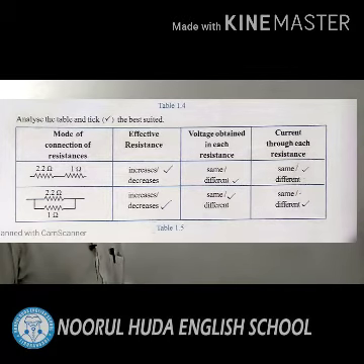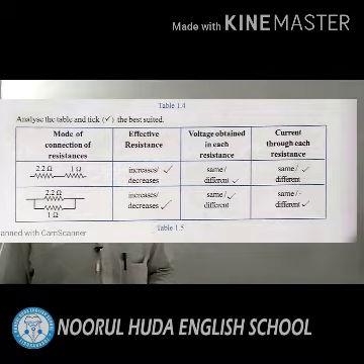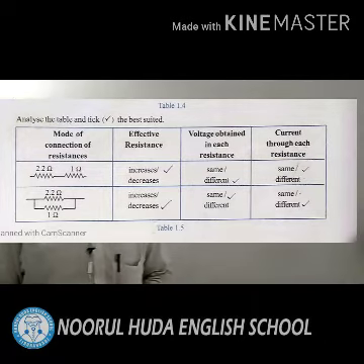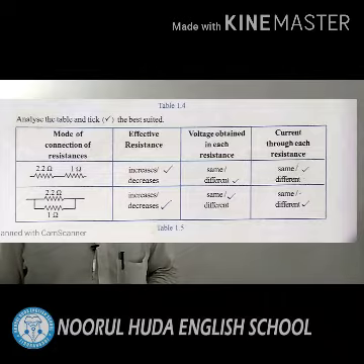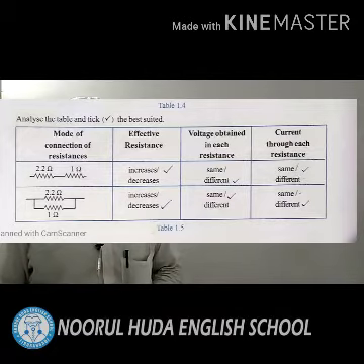So from this we can find that when resistors are connected in series, effective resistance increases, and when resistors are connected in parallel, the effective resistance decreases. Many times we use these two types of connection, series and parallel.